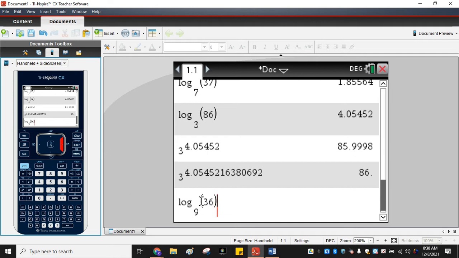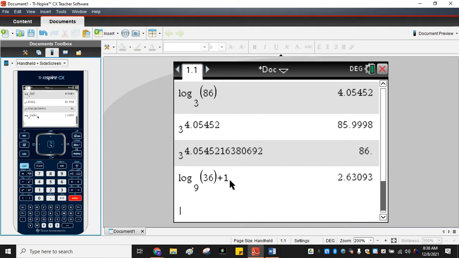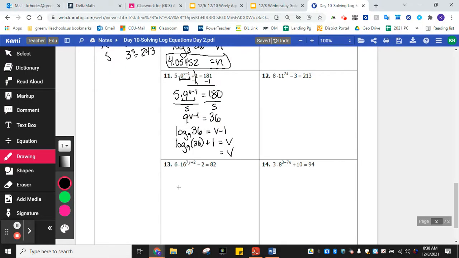So make sure you don't put 37. Make sure it's not taking the log of 37. 2.6309. I think it gave you another number.